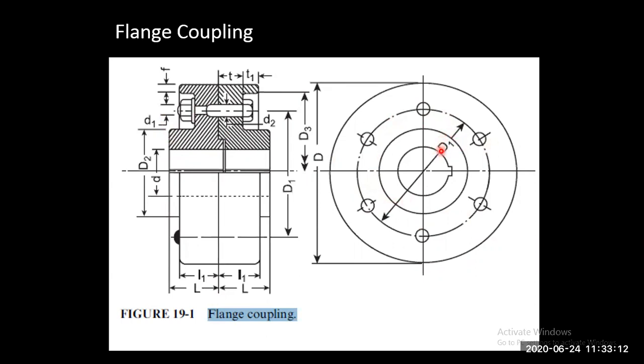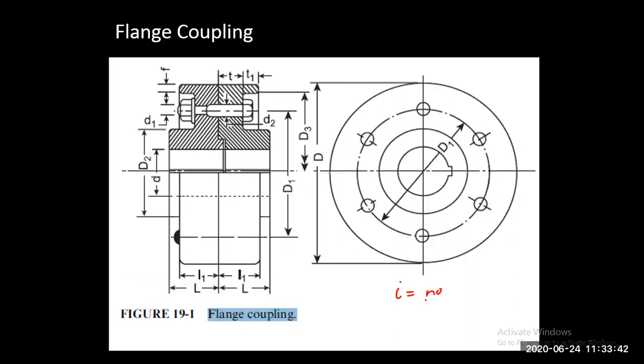D1 is the bolt circle diameter, or pitch circle diameter, and how many bolts you need to put is represented by i. I'll write some notation later on, don't get confused. So i is the number of bolts.